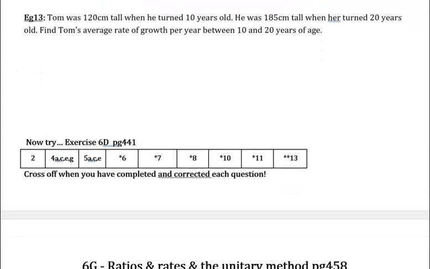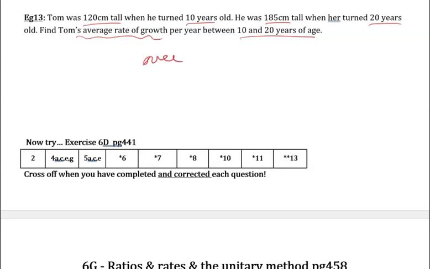Now this one, we've got to figure out. Tommy Boy was 120 centimeters when he was 10 years old. And then he was 185 centimeters when he was 20 years old. So we want to find the average rate of growth. Over that amount of time, between 10 and 20 years, he would have grown a certain amount. So how many years are we talking about?